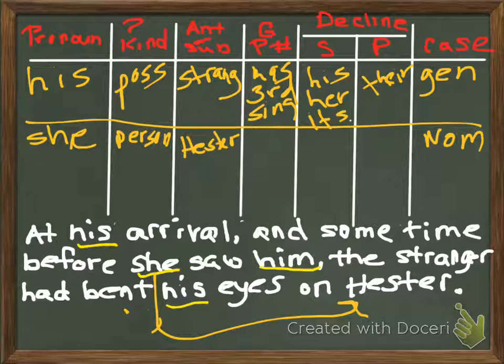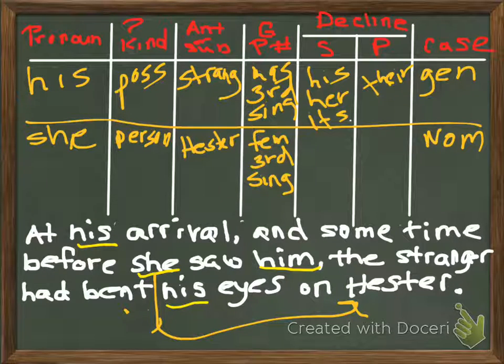Okay? Gender then is feminine. And we are talking about someone, third person. Of course, we're only talking about one someone, so it's singular.